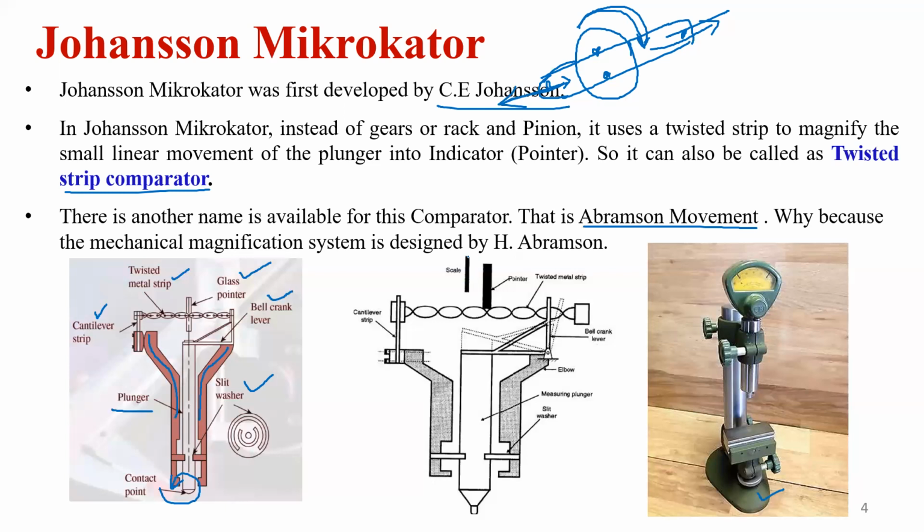The calibrated scale is employed with the pointer. And the comparator is designed in such a way that even a very minute movement of the plunger causes the rotation of the pointer on the calibrated scale.